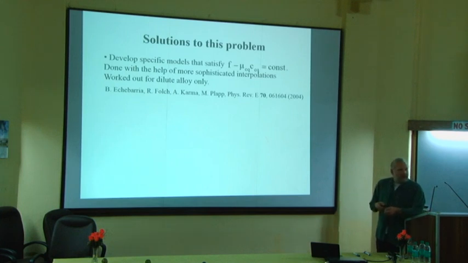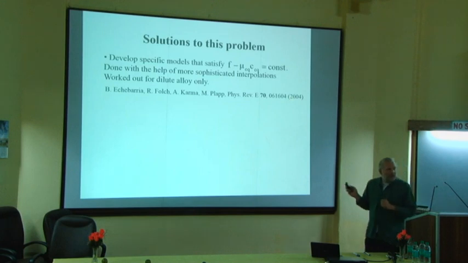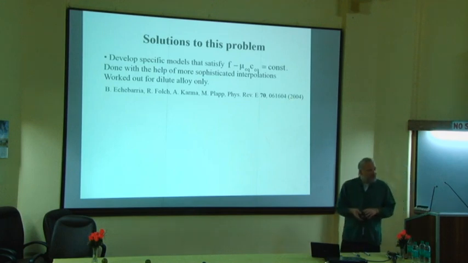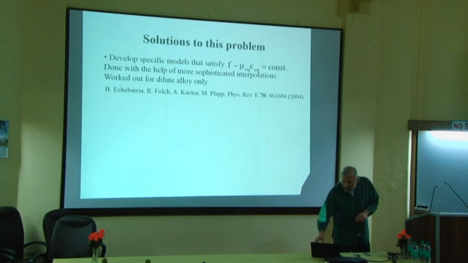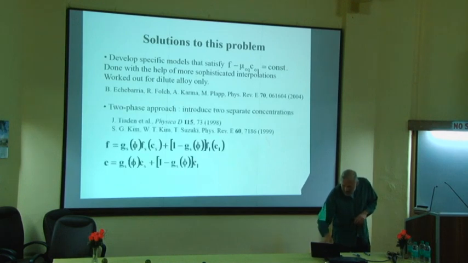And what you can do is modify the interpolation with respect to the phase field in such a way that this condition is satisfied, and that way you get out a well-behaved model. So that's what we did for the dilute alloy model, which for quite some time was the only model available that had that principle.